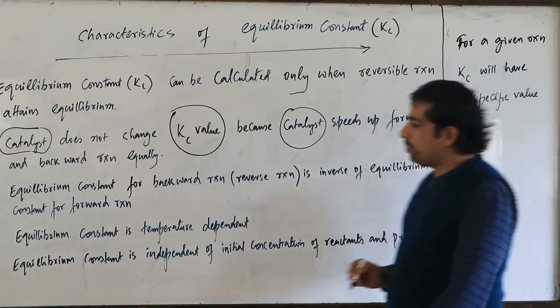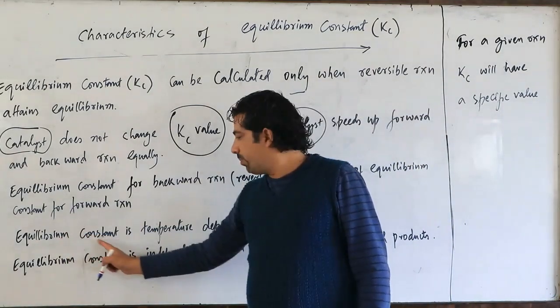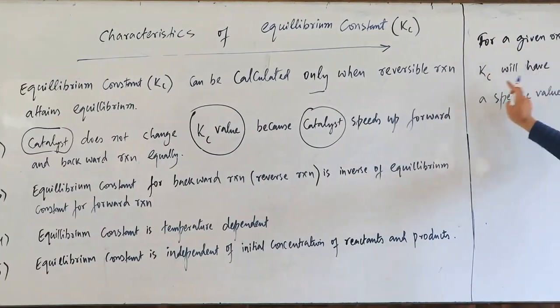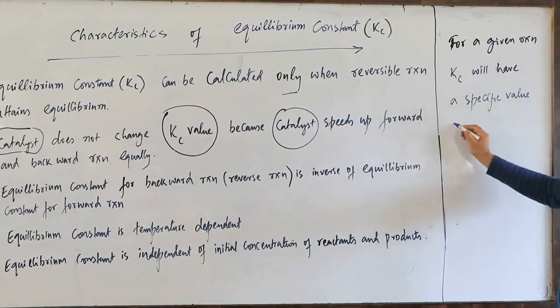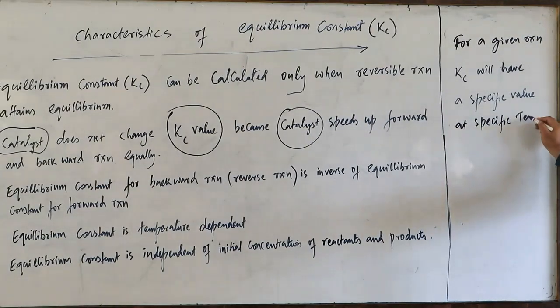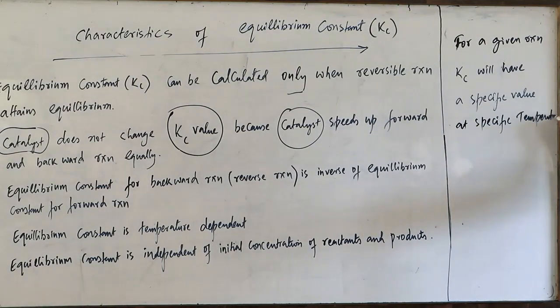So this one, the fourth point: the equilibrium constant is temperature dependent. So remember, for a given reaction Kc will have a specific value at a specific temperature. So remember that term.